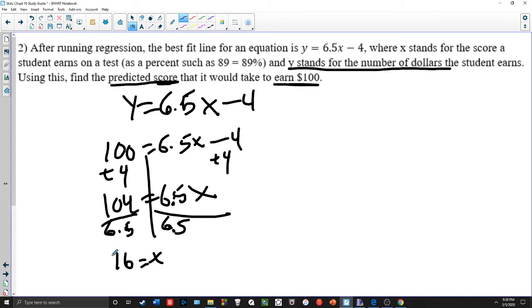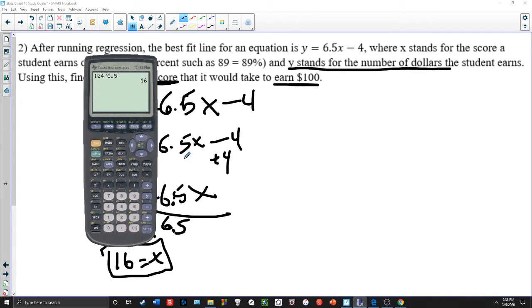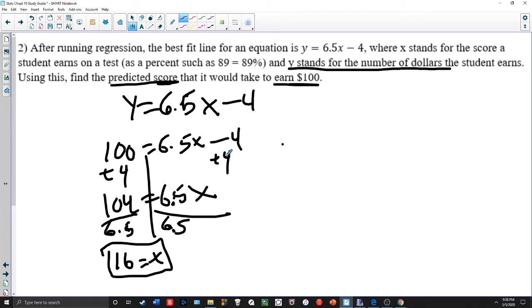So based on our equation, we would have to get a 16% to earn $100, which if we check it, if we plug this back in here, 16 times 6.5 minus 4 does indeed give us back 100. So a pretty easy way to get $100, I'd say. But that is what this equation tells us we have to do.